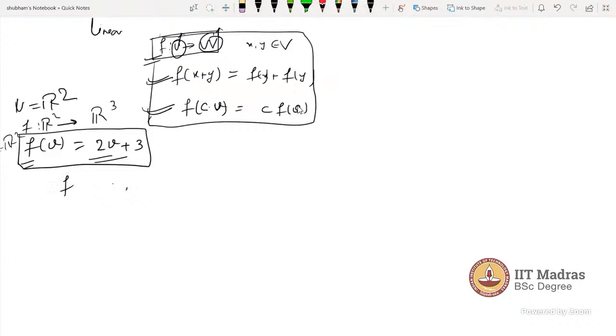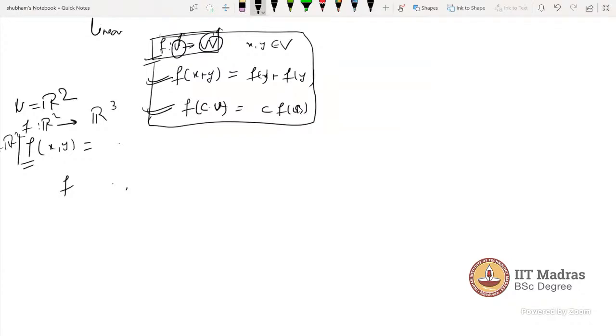It should be written clearly like f of xy is equal to, let's say, 2b plus 3, something. I think I missed one thing there, one tuple, because of your concept. It should be written coordinate-wise like that.